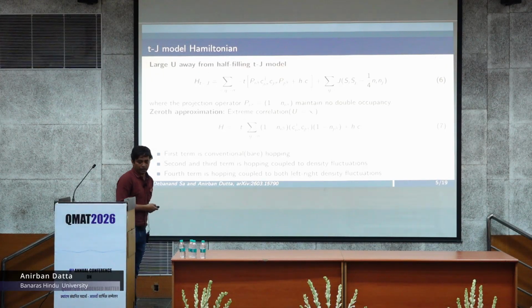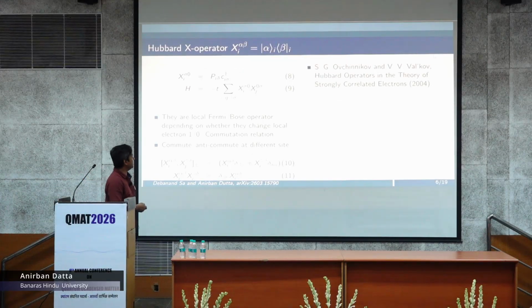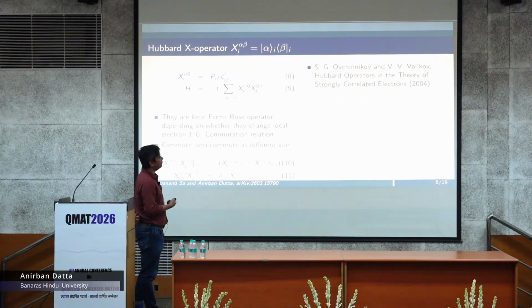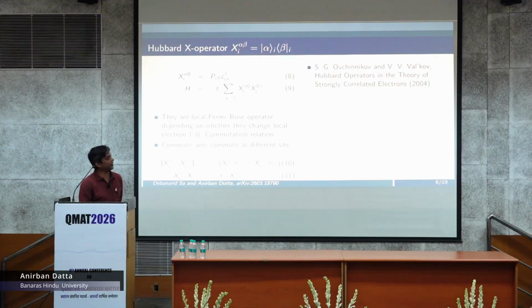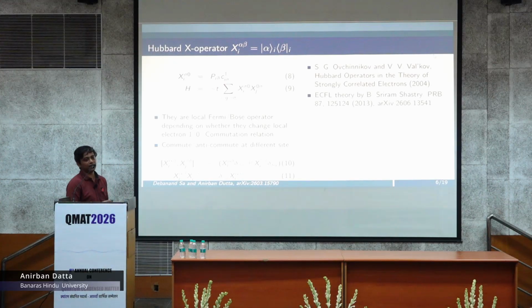We are not the first ones to tackle this. This Hamiltonian has been studied in the literature, mostly in the language of Hubbard X operators. X operators are special kinds of operators which change the state from beta to alpha. In terms of X operators, we can write this hopping Hamiltonian formally as a hopping term, but it is still an interacting Hamiltonian.